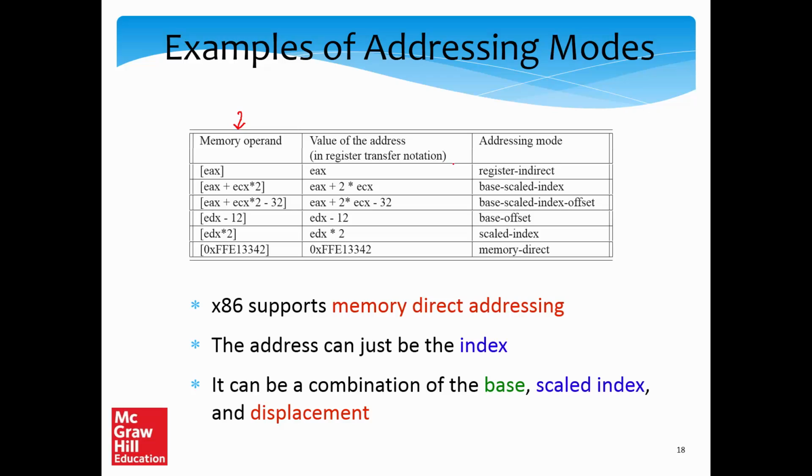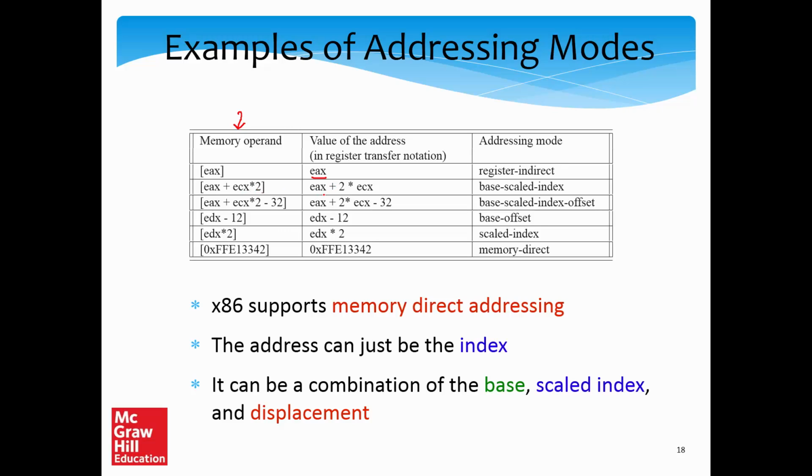One of the basic modes is the register indirect addressing mode, where the value of the memory address is stored in EAX. We represent it as EAX with square brackets on both sides. Then we can have a base and scaled index addressing mode, where the address can be represented as EAX plus ECX multiplied by 2.